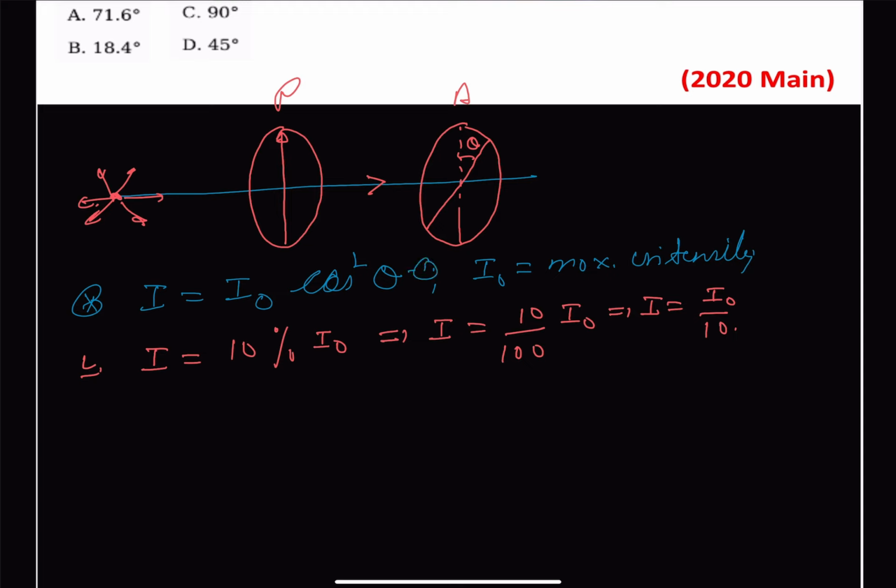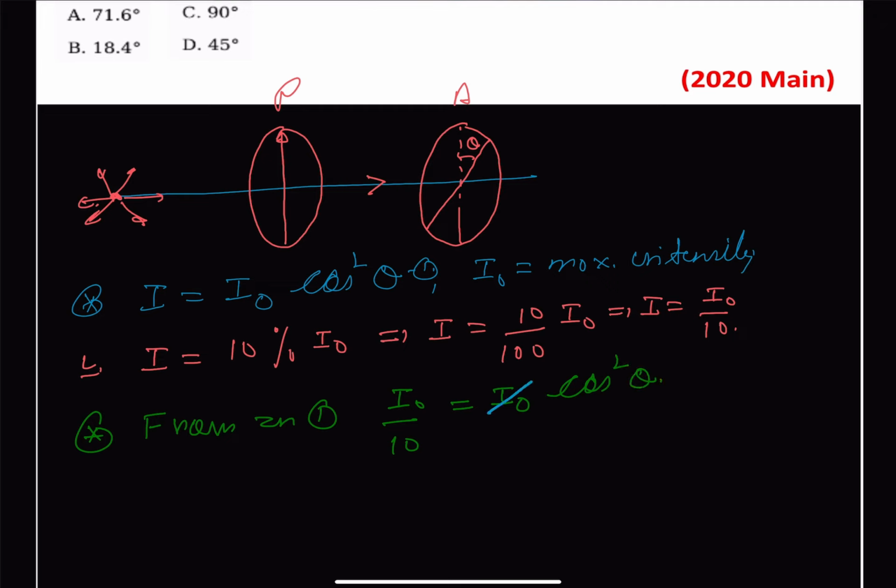So from equation 1, we can write that I naught upon 10 is equal to our I naught cos square of theta.